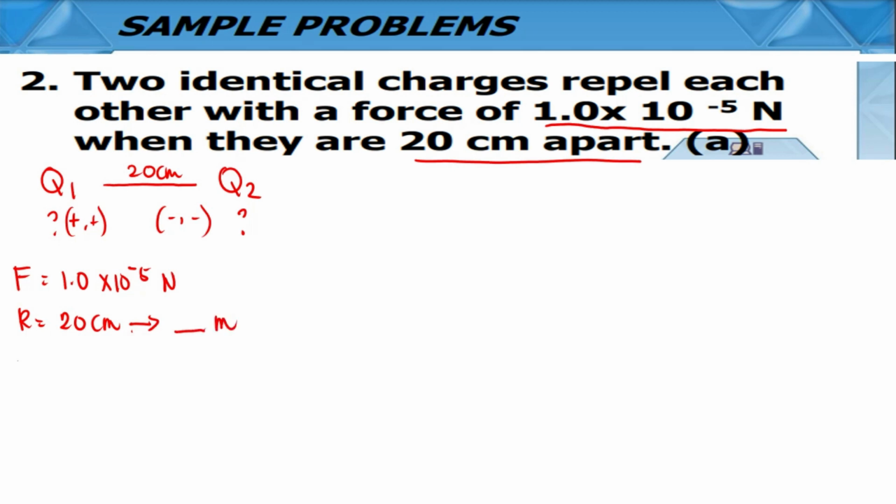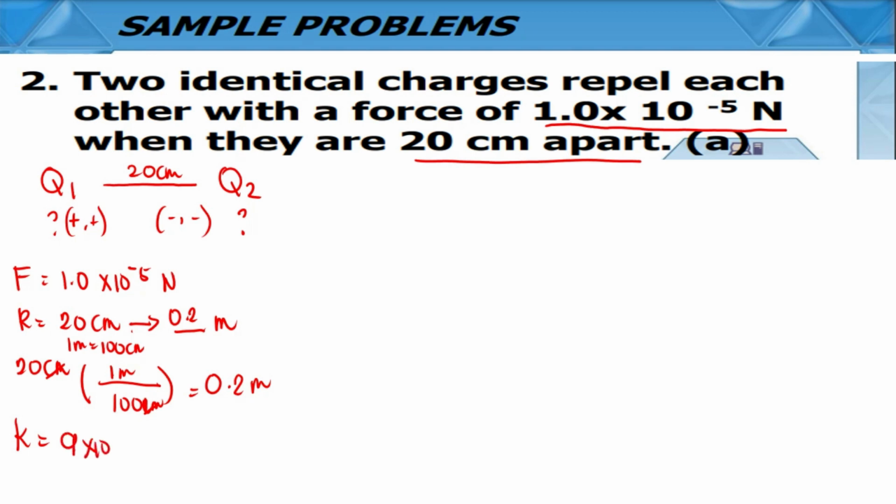Alam naman natin, in every 1 meter, meron tayong 100 cm. Using the conversion factor, 100 cm sa baba, 1 meter sa taas, cancel out yung centimeters. Therefore, we have 0.2 meters. And our K, which is 9 times 10 raised to 9 Newton meter squared per coulomb squared.